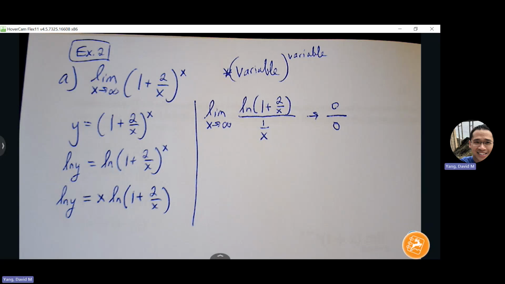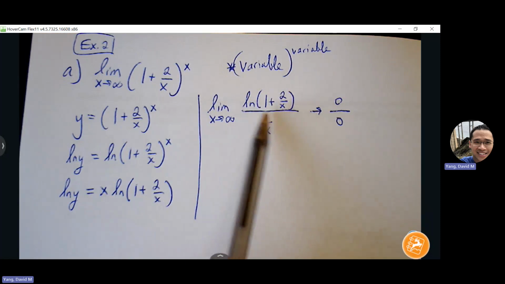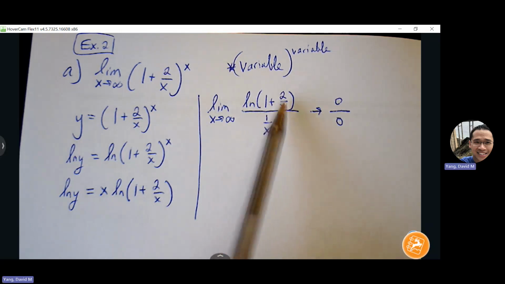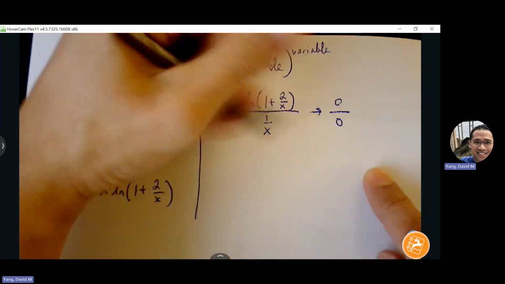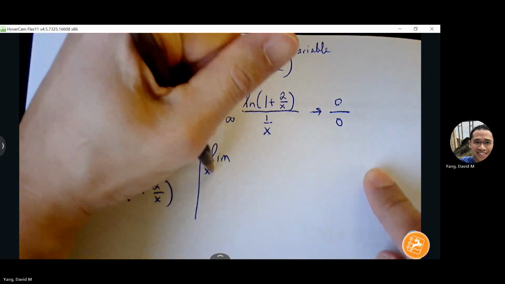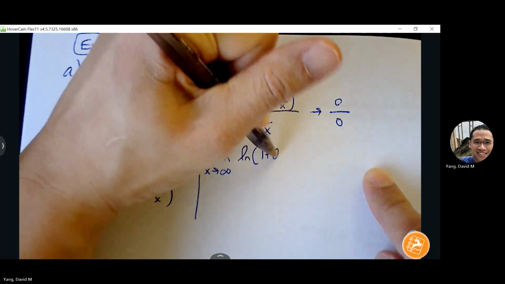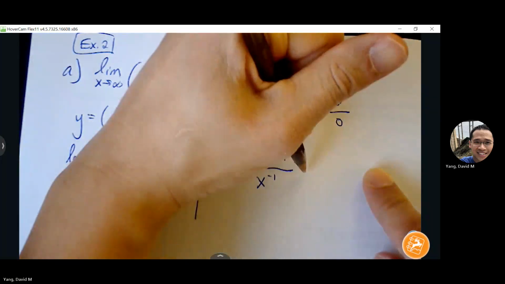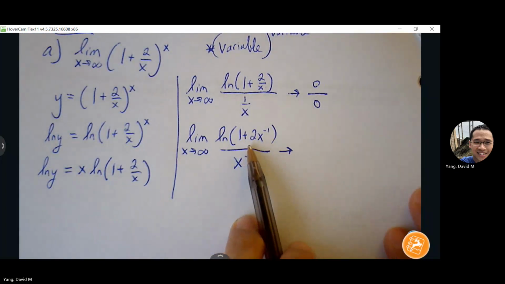Right. So if we want to do L'Hopital's rule, then I want to set my expressions up for me to find the derivative. The numerator is going to be u prime over u, and the denominator is just going to be power rule. But I want to move the x to make it easier for me to apply my derivative rules. So now I'm just going to do u prime over u.